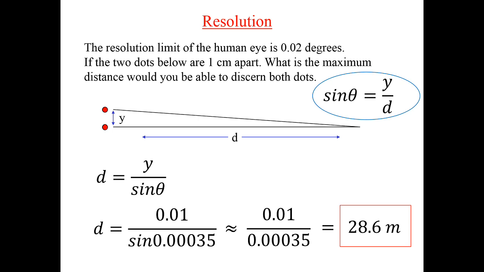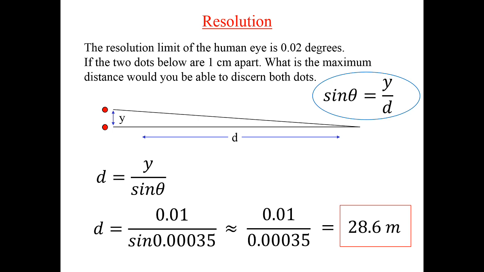That means that the sine of theta is equal to the 1 centimeter divided by the distance, and so if we want to be consistent with our units, we might switch to meters. So that means 0.01 meters, divided by the sine of 0.02 degrees, or the sine of 0.00035 radians, and when we do the algebra, we get that the distance is 28.6 meters.